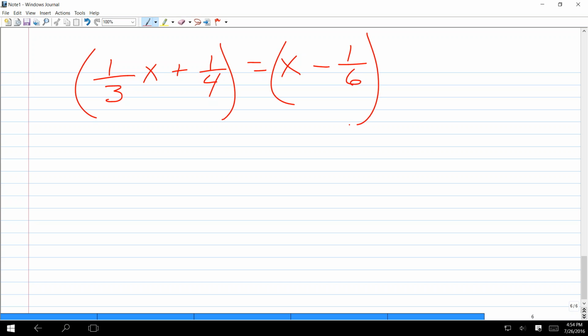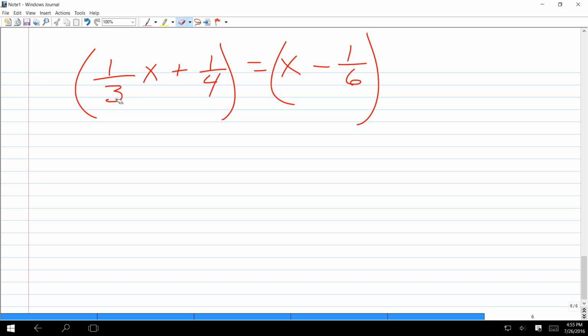And you generally want the lowest number. So 1? No, I won't get rid of the denominator. In other words, if I multiply that by 1, I'm still going to have 1/3 x. If I multiply it by 3, that would get rid of this 1/3, but then it would leave me with 3/4. So I would still have a fraction. So let's keep going.